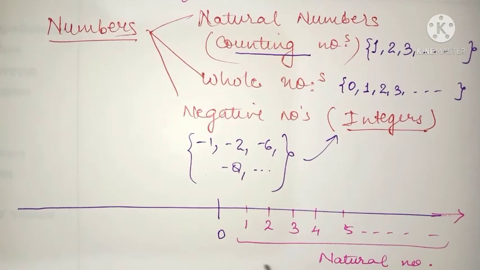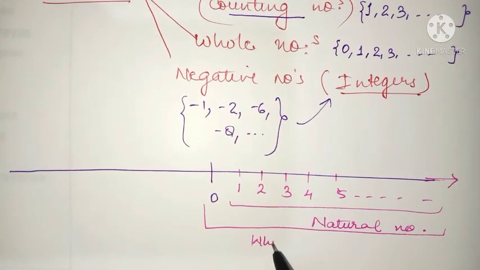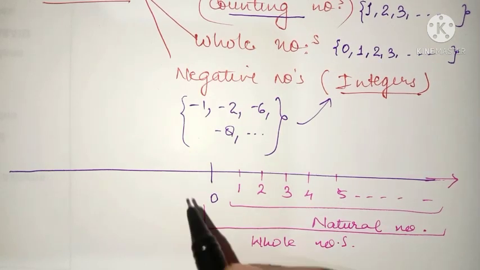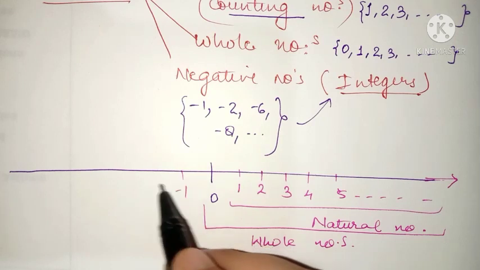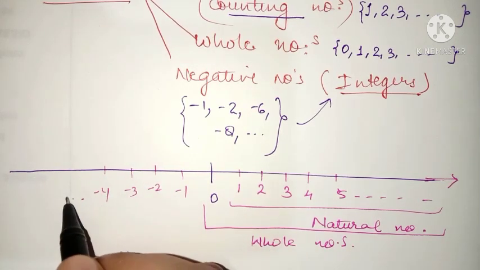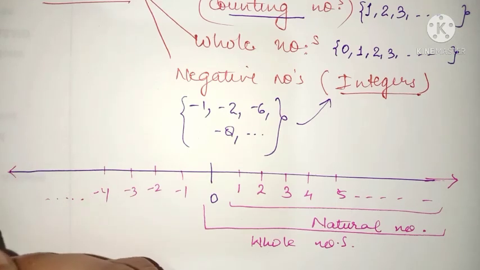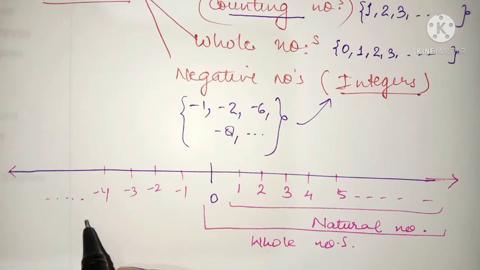Then, along with 0, all of these numbers up to infinity become the whole numbers. So these are whole numbers. Next we have -1, -2, -3, -4 and so on, and it also proceeds towards infinity. So these are called negative numbers.